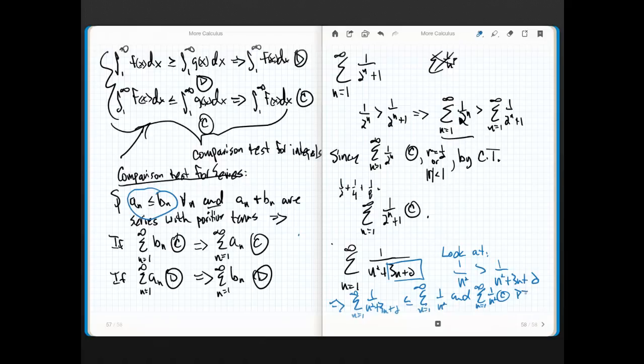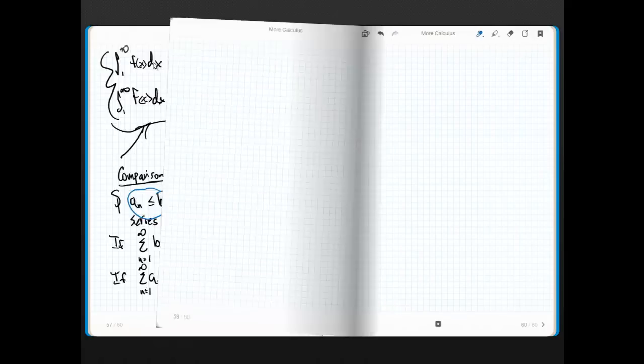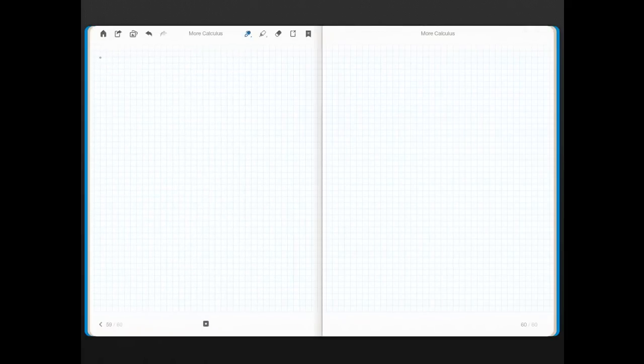Why? Because p equals 2. Or you could just as easily write p is greater than 1. This implies that my sum, as n goes from 1 to infinity, of 1 over n squared plus 3n plus 2 converges by comparison test.